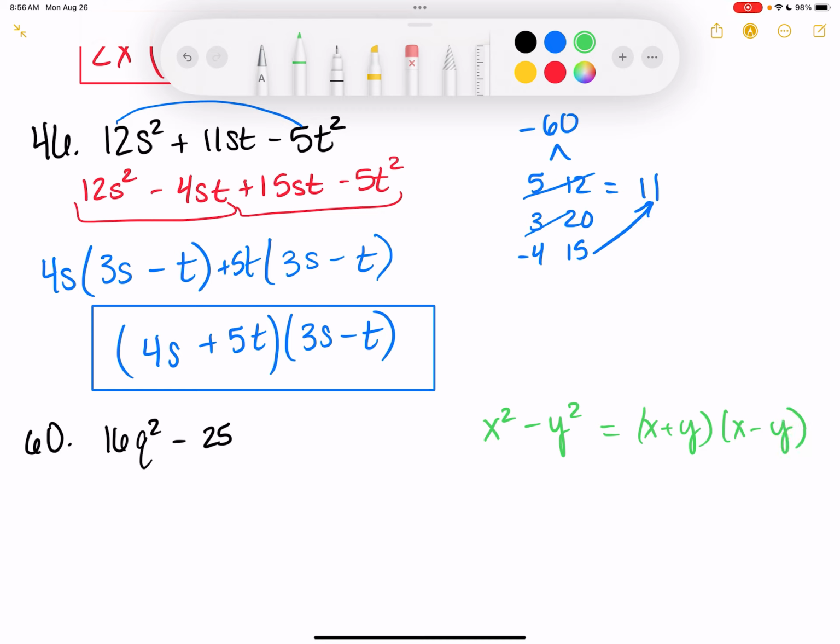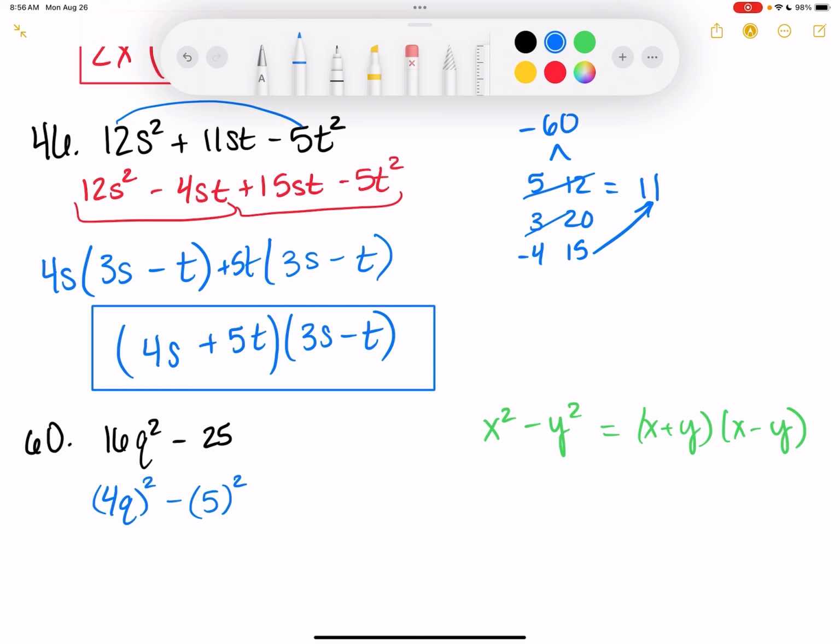So these terms here are squares of something, okay? So what are they squares of? Like, what is 16 a square of? 4. And what is 25 a square of? 5. So sometimes I like to rewrite this when they're written this way as like 4q and then the whole thing squared minus 5 squared, just so I can see it.